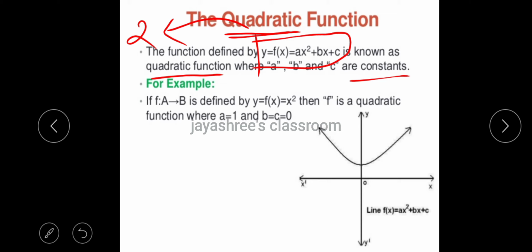For example, if f from A to B is defined by f of x is equal to x square, then f is a quadratic function where a is equal to 1, b is equal to 0 and c is also 0. So any equation of degree 2 is called a quadratic function.